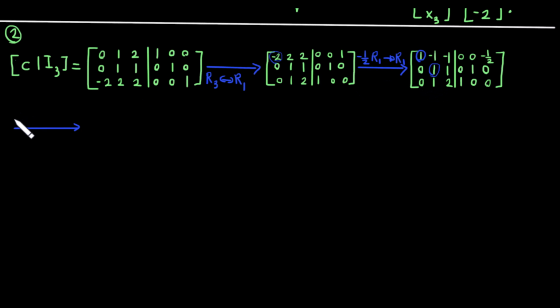So row 1 plus row 2 to make this one 0 in row 1. And for the third row, we have to subtract row 2. So 1 minus 1 will be 0 in row 3.